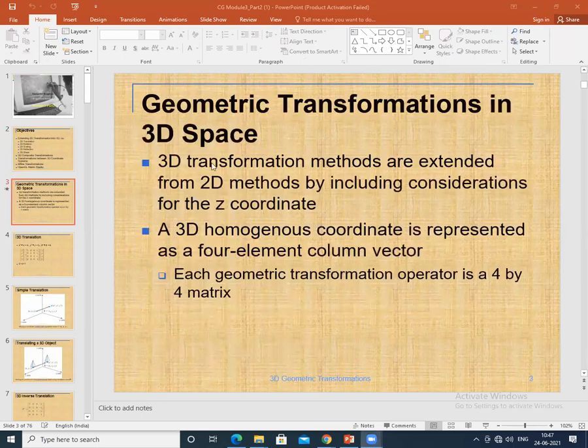So what is 3D transformation? It is basically an extension of our two-dimensional transformations, where we include an extra coordinate called the z coordinate.